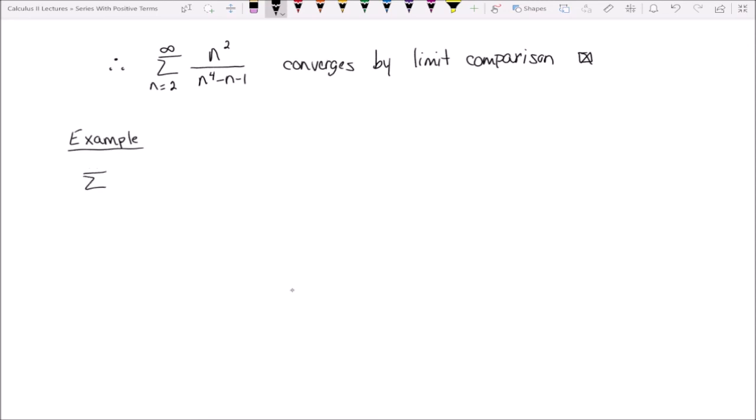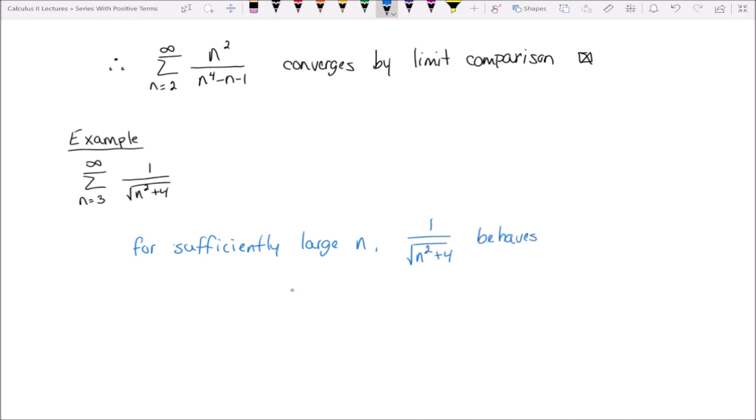Now let's look at the series n equals 3 to infinity of 1 over the square root of n squared plus 4. Now again, for sufficiently large n, the term 1 over the square root of n squared plus 4 behaves like 1 over the square root of n squared, or just 1 over n.